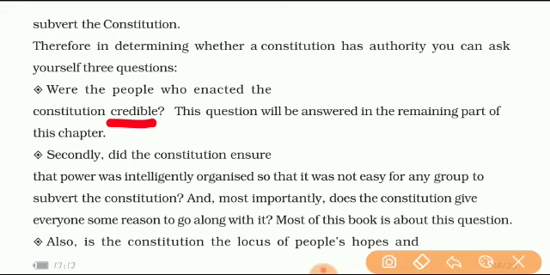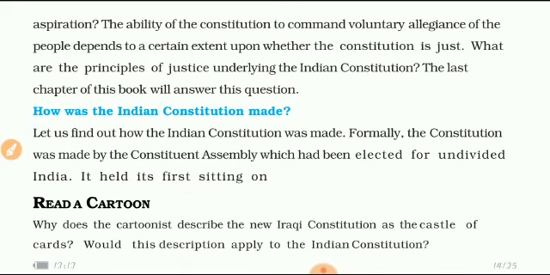Now the last question is: is the constitution the locus of people's hopes and aspirations? The ability of the constitution to command the voluntary allegiance of the people depends to a certain extent upon whether the constitution is just. Even nowadays, if something wrong is done to the people, they can directly approach the court, because they know the court will give a verdict according to the laws and procedures written in our constitution.